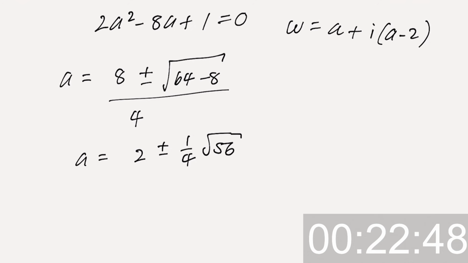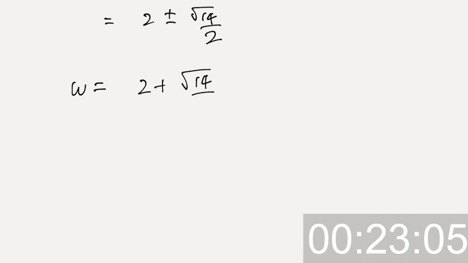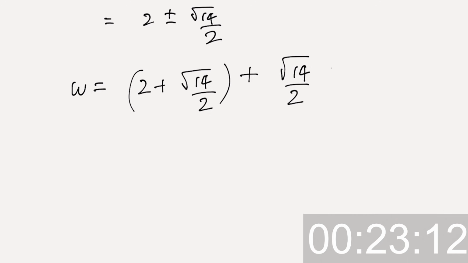I could get 4 out of that, so that would be 2 plus or minus root 14 over 2. Now, given the location of A was outside my circle, I know it's got to be the plus. So I can say now that W is 2 plus root 14 over 2, plus root 14 over 2 i.